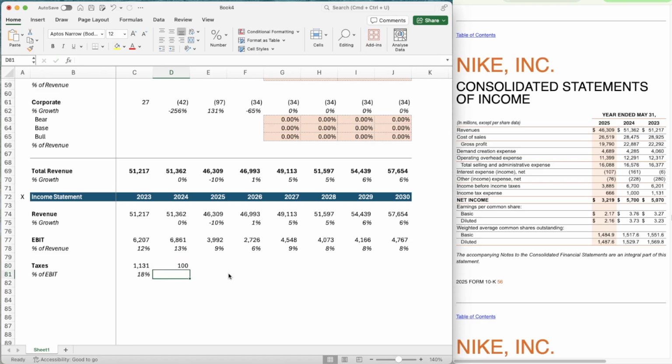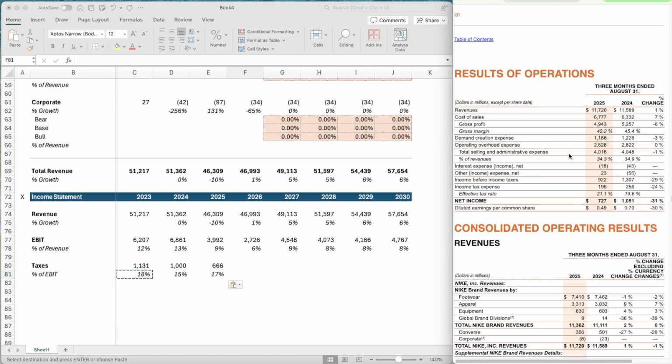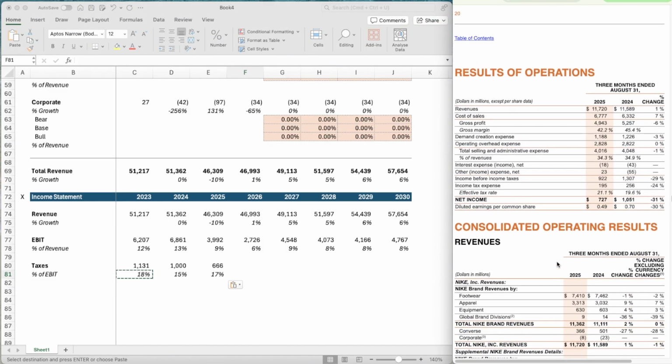For 2026, let's have a look. Okay, remember this for later. 21% is the effective tax rate. 13256.